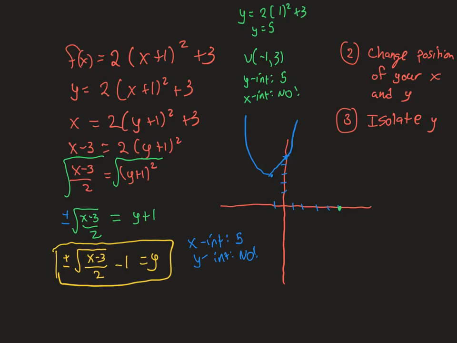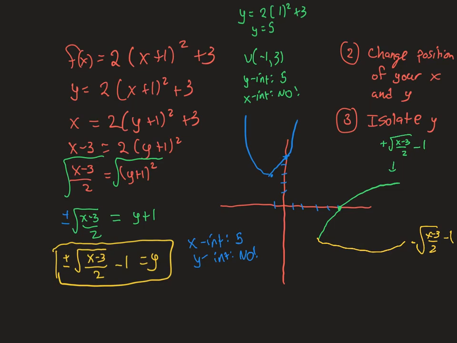Now the plus, so this represents the plus square root of (x minus 3) over 2, minus 1. And this, the lower half, represents the minus square root of (x minus 3) over 2, minus 1.